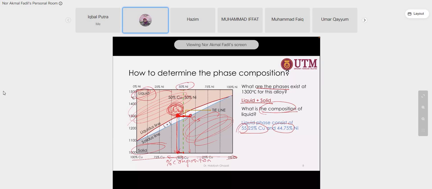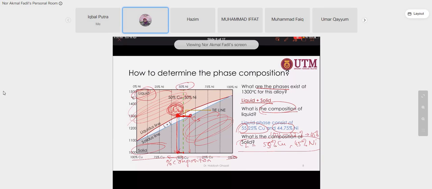If you have 55% copper, then 100% minus 55% gives you 45% nickel. So the composition of liquid equals 55% copper and 45% nickel. This is how we write the composition.